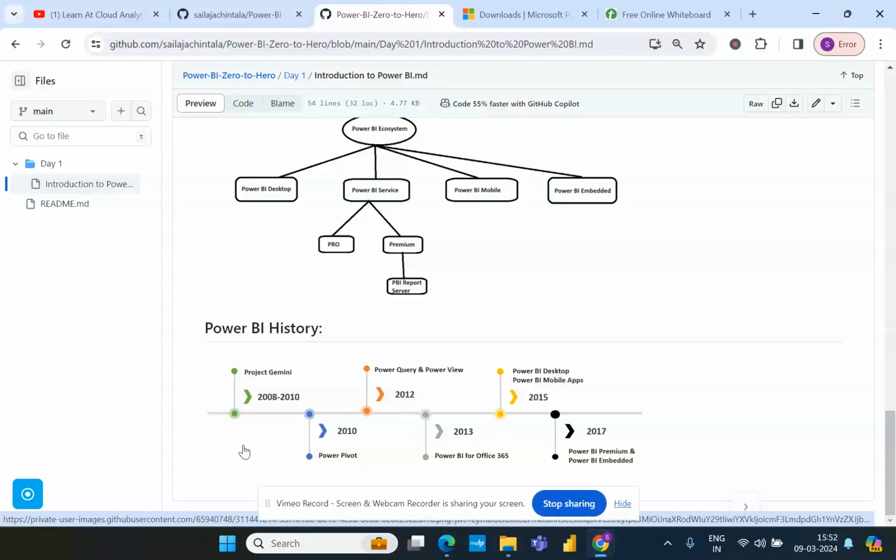With the success they saw from the launch of Power Pivot, in 2012 they brought in additional add-ins to Excel along with Power Pivot: Power Query and Power View. Power Query is used for all the data transformations, and Power View is used for creating visualizations using those data sets. These were all added to the existing Excel itself as part of Project Gemini.